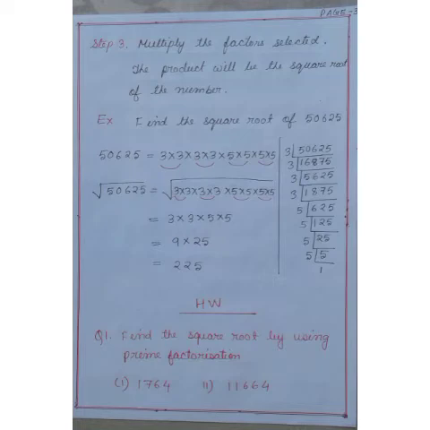So 50625 is equal to 3 into 3 into 3 into 3 into 5 into 5 into 5 into 5. So its square root will be taking one number from each pair of numbers. So it is 3 from 3 into 3, another 3 from 3 into 3, 5 from 5 into 5, and another 5 from 5 into 5, which gives 225.